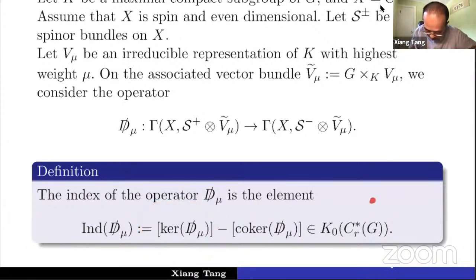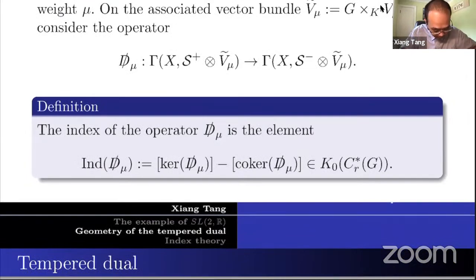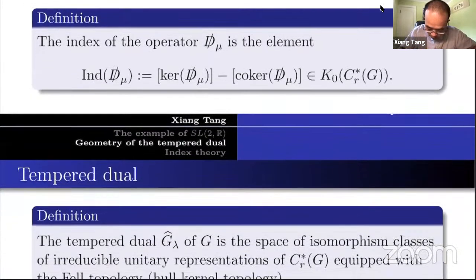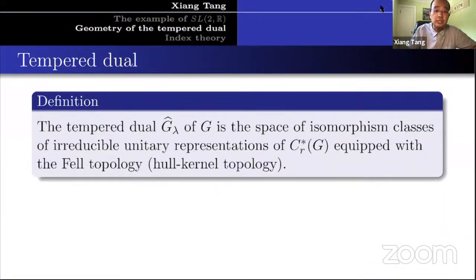What we are considering is the Grothendieck group constructed out of isomorphism classes of finitely generated projective modules of this C-star algebra. So you can see that we are considering representations of this reduced group C-star algebra. So that's this index element. Now, what we are heading toward is to introduce the tempered dual.